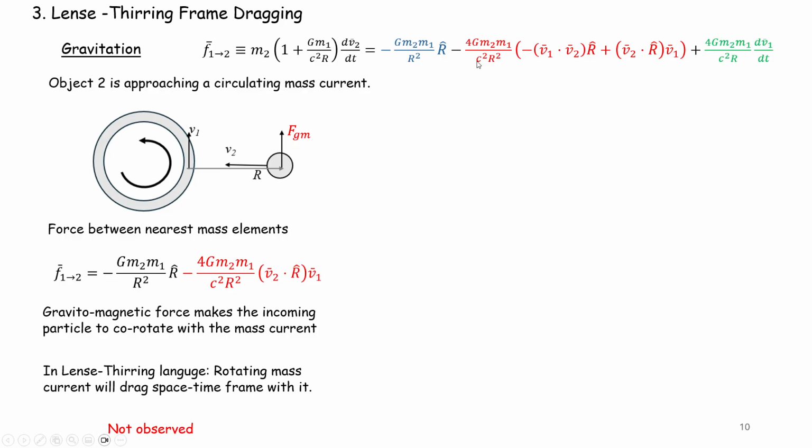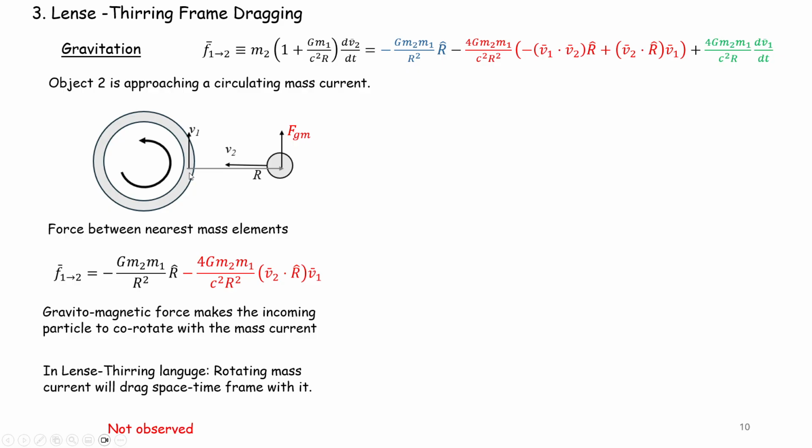we come to this application, Lense-Thirring Frame Dragging. Again, we start from Einstein's formula, which we take over to this slide. So what happens, what kind of phenomenon is that? That is, we consider a circulating mass current as object number 1.